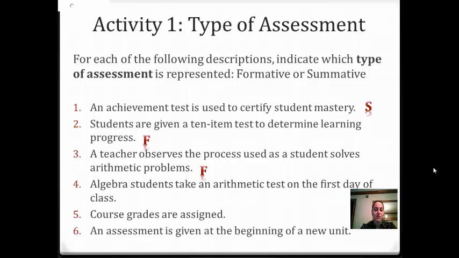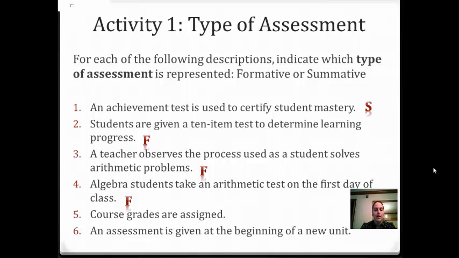Number 4, algebra students take an arithmetic test on the first day of class. Formative. Now, some of you may have said summative because you're thinking that the teacher wants to know what the students have learned the last year. But think about it. This is just an arithmetic test. It's not going to show everything that the students have learned the last year. The purpose of that test is to inform the teacher where the student is around about this moment.